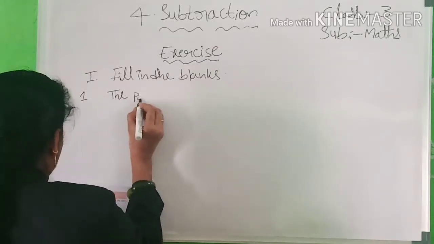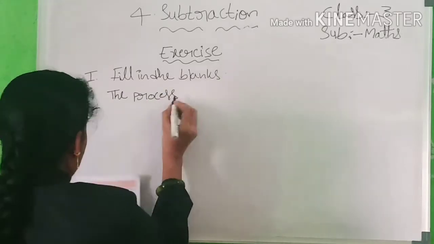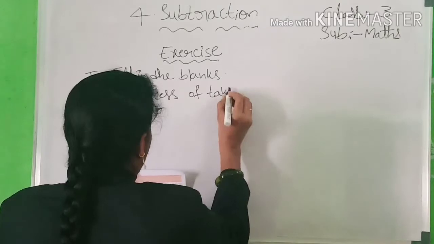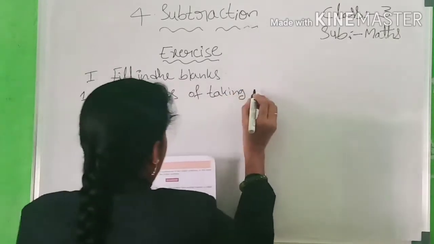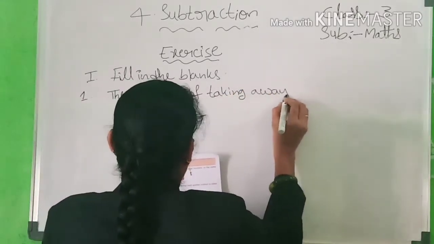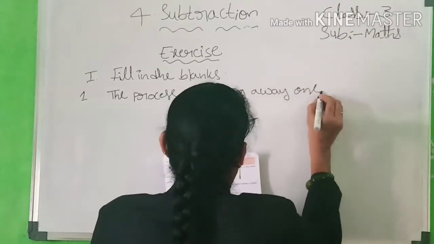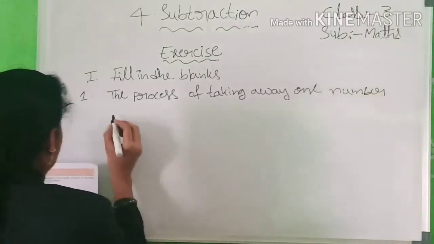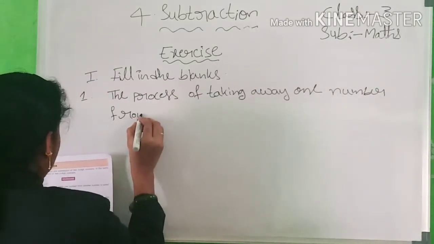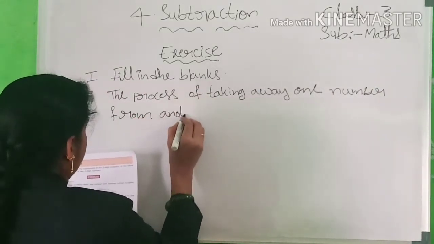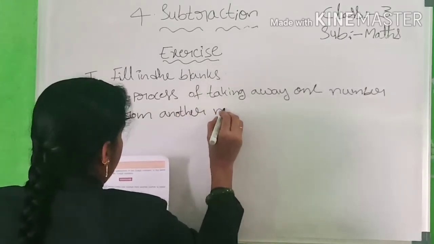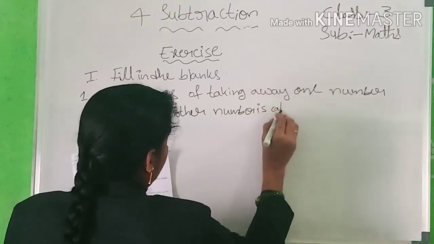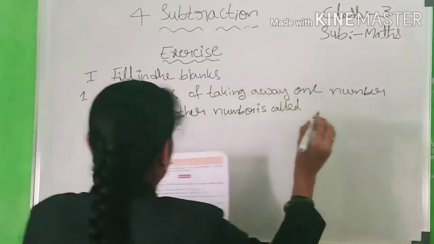The process of taking away one number from another number is called what, children?